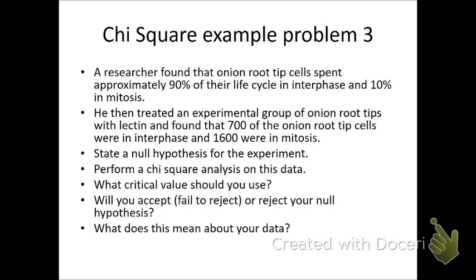That would be a valid null hypothesis. It may not be true, but essentially it's saying that the experimental treatment has no effect. Again, our null hypothesis for this particular problem is going to be that lectin has no effect on the cell cycle of onion root tip cells. So we're next asked to perform a chi-square analysis on this data.